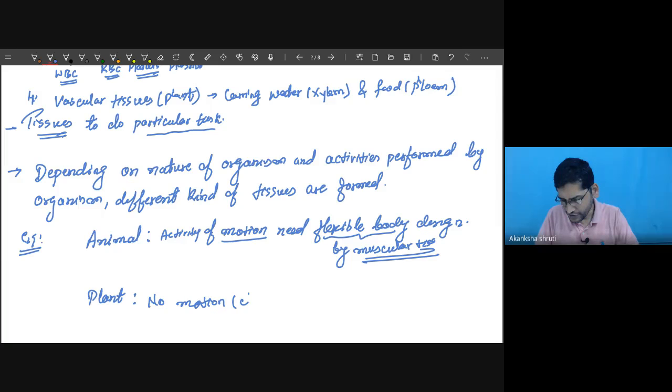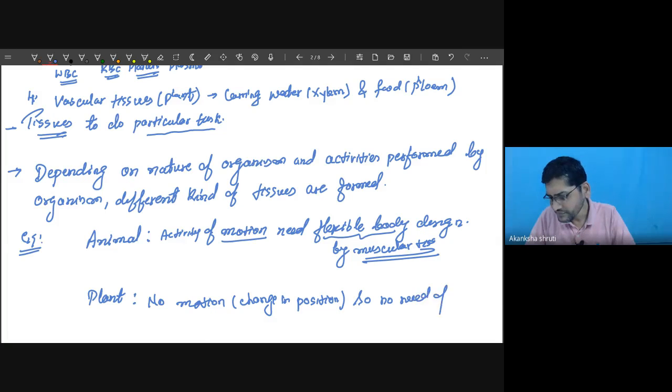Motion means changing position. Do not think it is just moving a twig or limbs from one position to another because of the wind or external forces. No, it is a change in position. That motion we are considering. Okay, students? So there is no need of muscles.